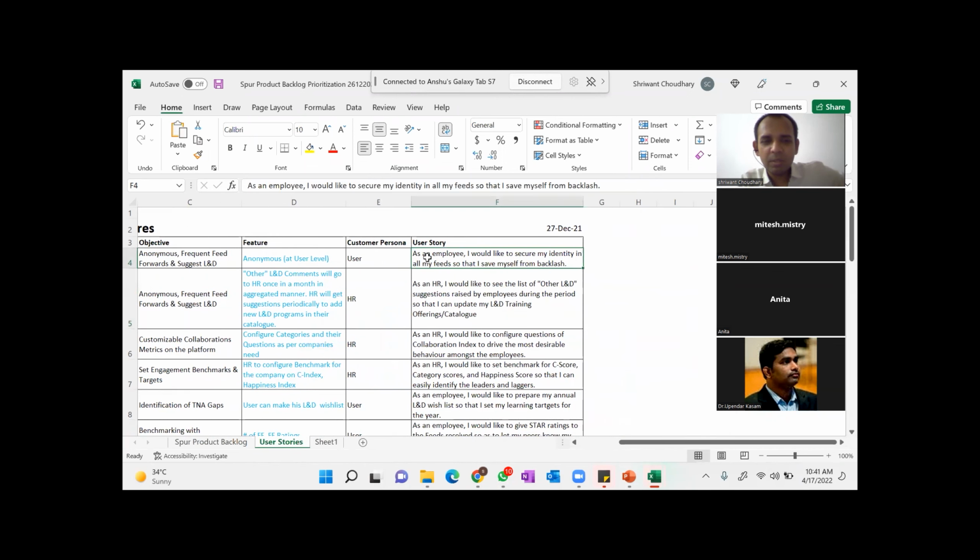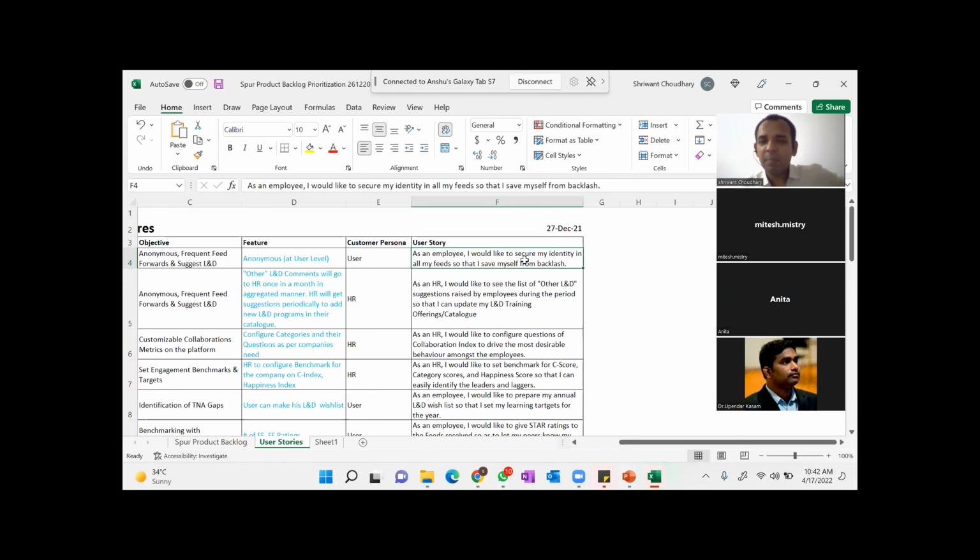Okay. So as an employee, I would like to secure my identity in all my feeds so that I save myself from backlash. So it's a user story, anonymity. So related to anonymity, how can you make sure that in this kind of a product, you prevent the backlashes, the unintended reaction or unintentional response from somebody.